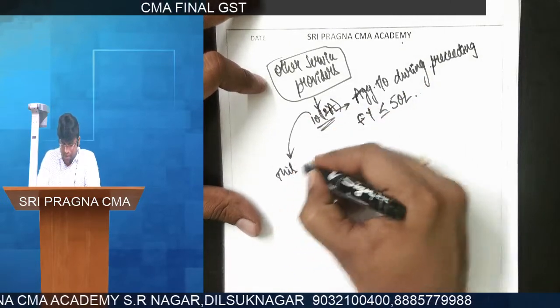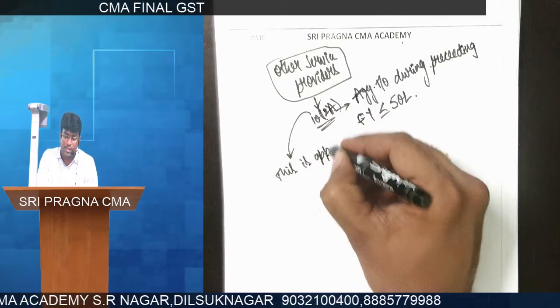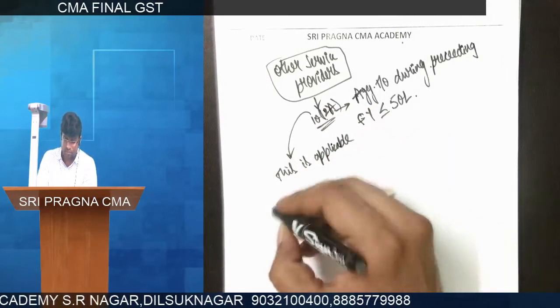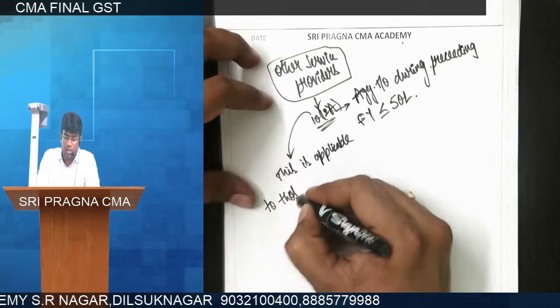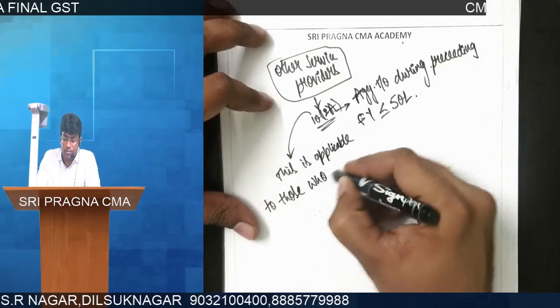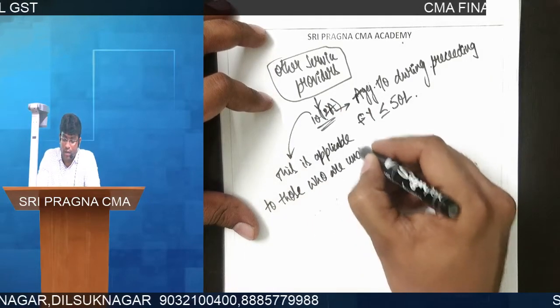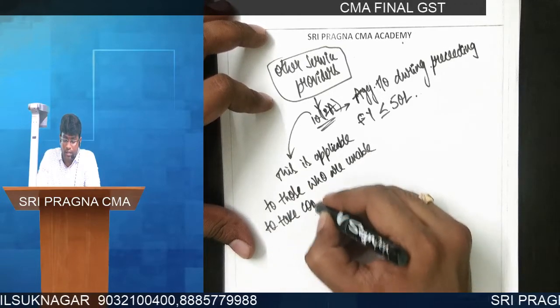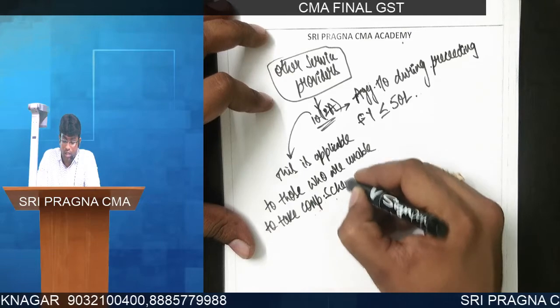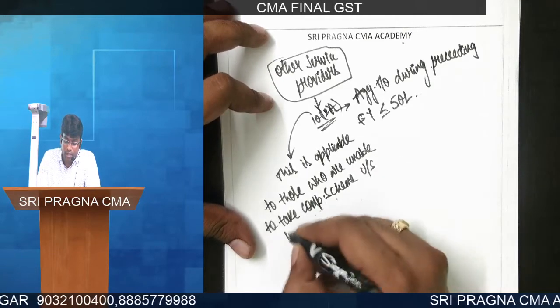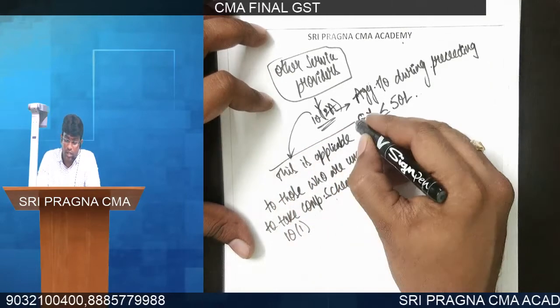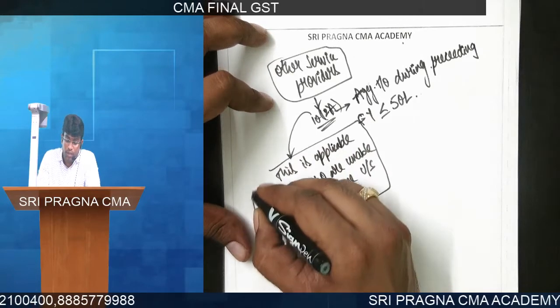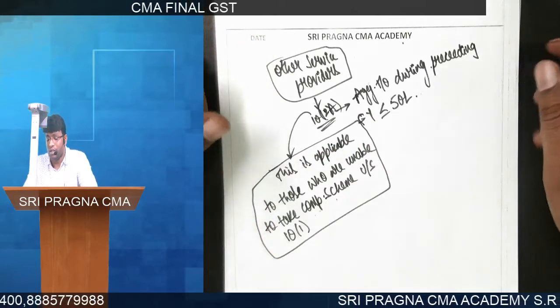And simple point, let me tell you, this is applicable to those who are unable to take composition scheme under section 10.1. Correct, friends?